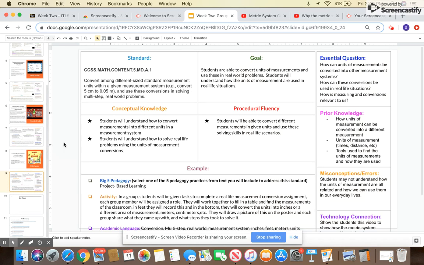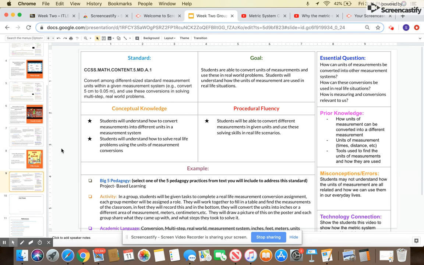So then unpacking the standard over here, students should be able, by the end, to convert the measurements within a given unit of measurement in a system. They'll understand how they're used in real life situations. For this, they already have been working on the tables and diagrams, filling in.